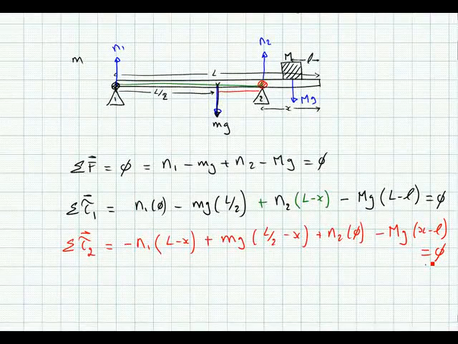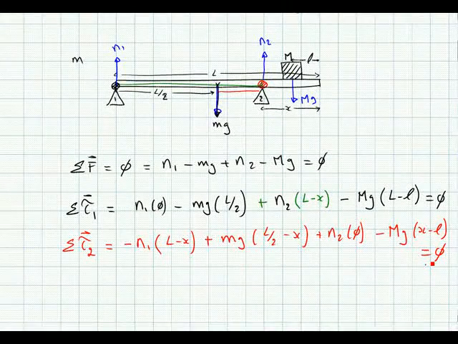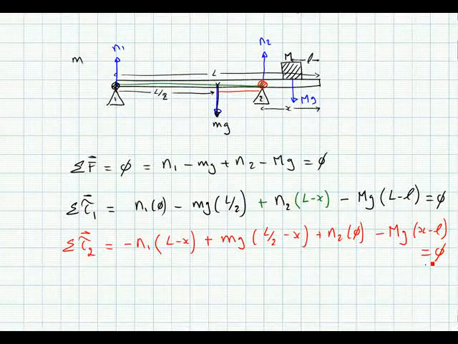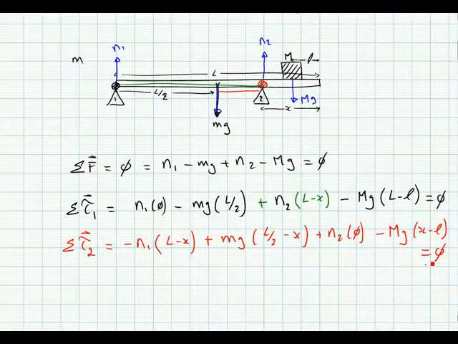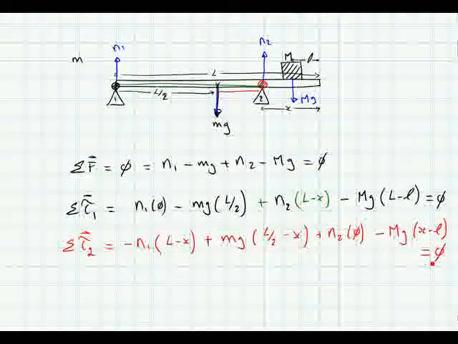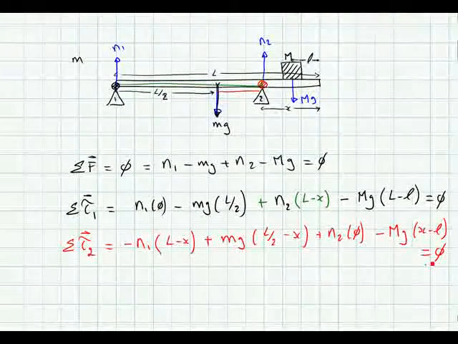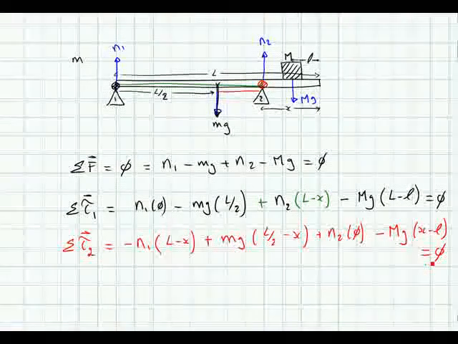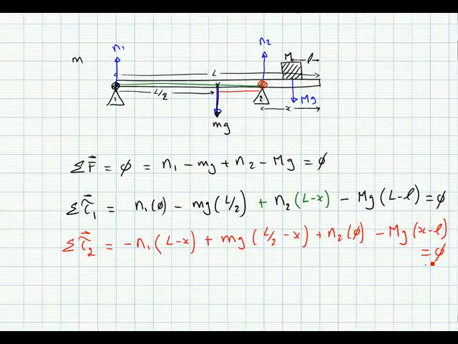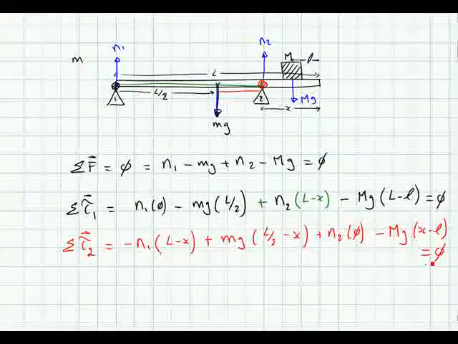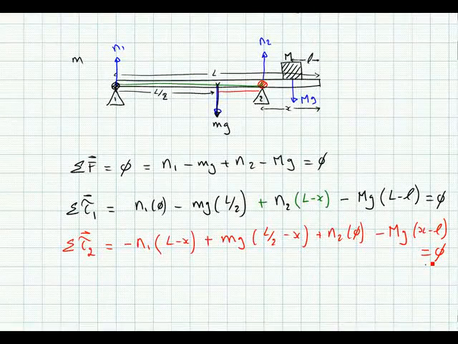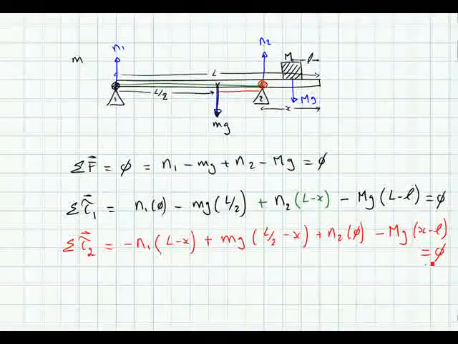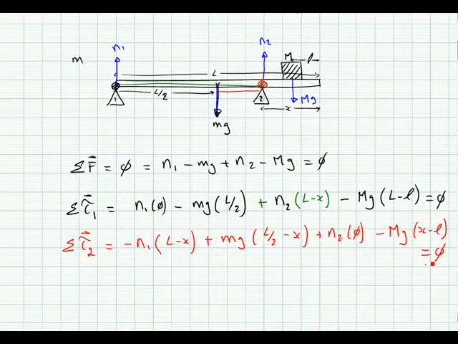So you see that you can go ahead and set up as many simultaneous equations as you have unknowns to solve for all the unknowns. So here I have three simultaneous equations, and had I three unknowns like n1, n2, and x, for example, then I could solve for all three.